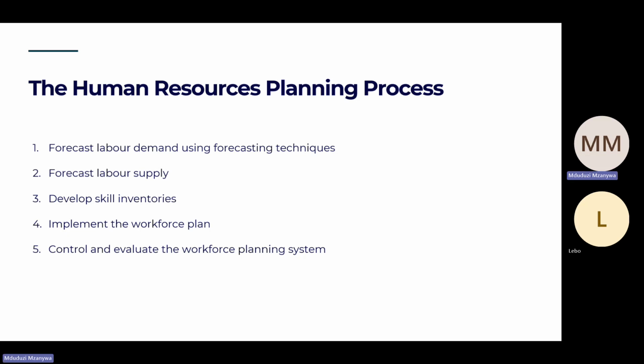Part of what needs to happen is focusing on labor demand, meaning estimating the number of workers needed by the business in the future. And then also you focus on where you would find these and what skills you'd need. And then you would keep inventories where you know which skills you have, how many you have, and where you'd find these. And then from there, you implement when these are going to be used, and then you check if there are any deviations from your planning.